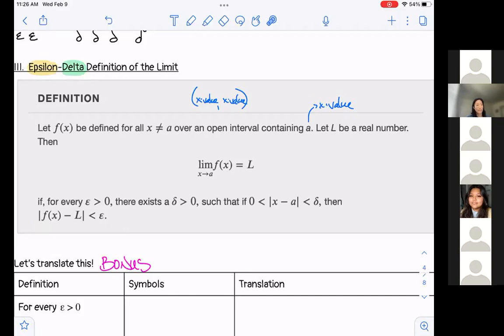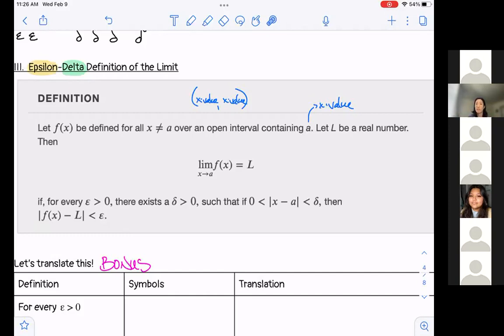Let's come back to this definition after we've looked at a couple pictures and talked about the concept, all right? So we'll blend the two techniques we tried earlier. For the squeeze theorem, we read the definition first, we really dug into the definition, then we looked at a picture, and then we looked at the questions.